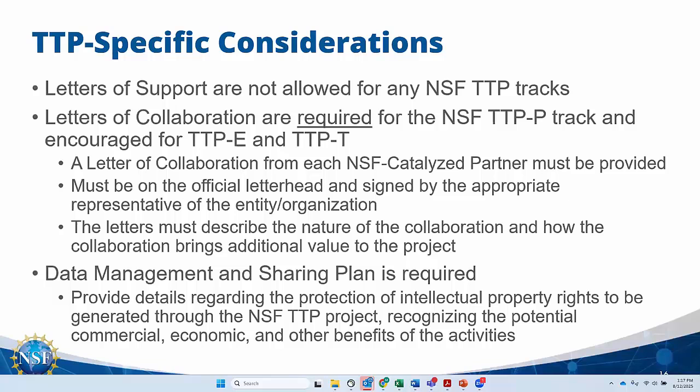But what are required are letters of collaboration. Letters of collaboration come from your partners. Anyone that you have named in the proposal that's going to be working with you, funded or unfunded, we would require a detailed letter on their official letterhead to come with the proposal. That would help the reviewers, the panels, to see what is the nature of collaboration, what are the expected outcomes, what is the value the partner is bringing to the table.